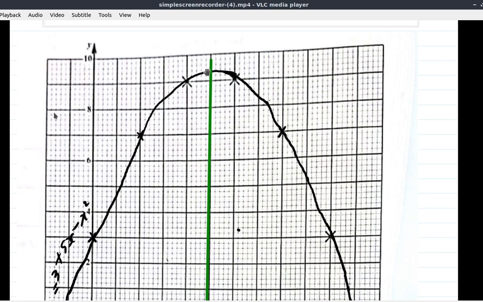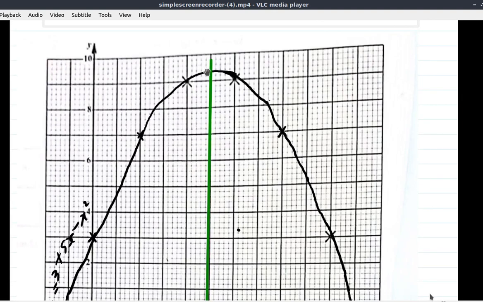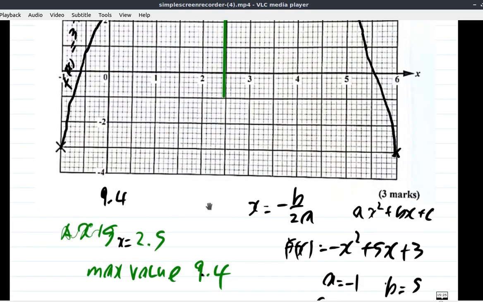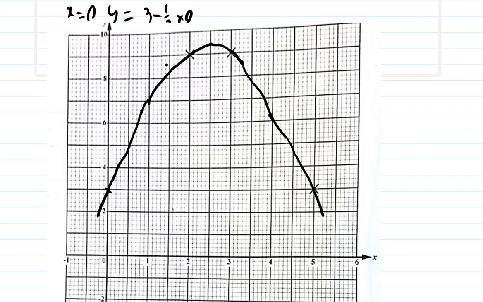This is at 3, right? So this point was here, so it went down at 3. Okay. What had happened below that now? It went down to -3. This was plotted at -3.